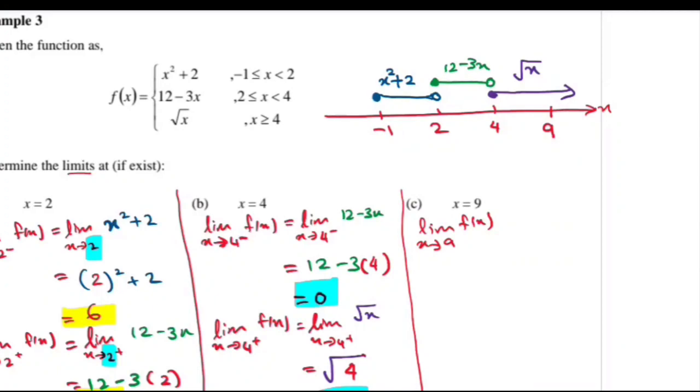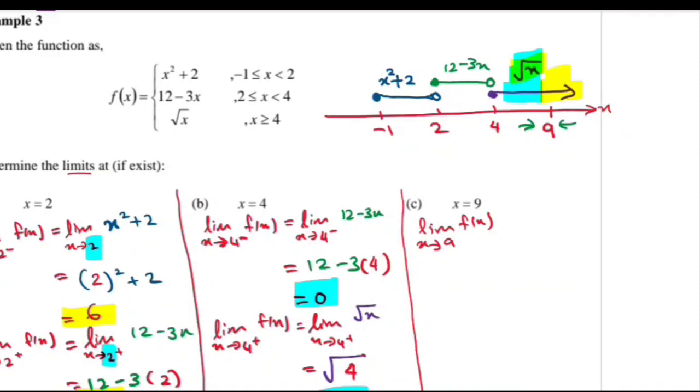When we look at the functions from the left and also from the right of 9, do we have one same function or different functions? From the left of 9, the function is square root of x, and from the right of 9, the function is also square root of x.